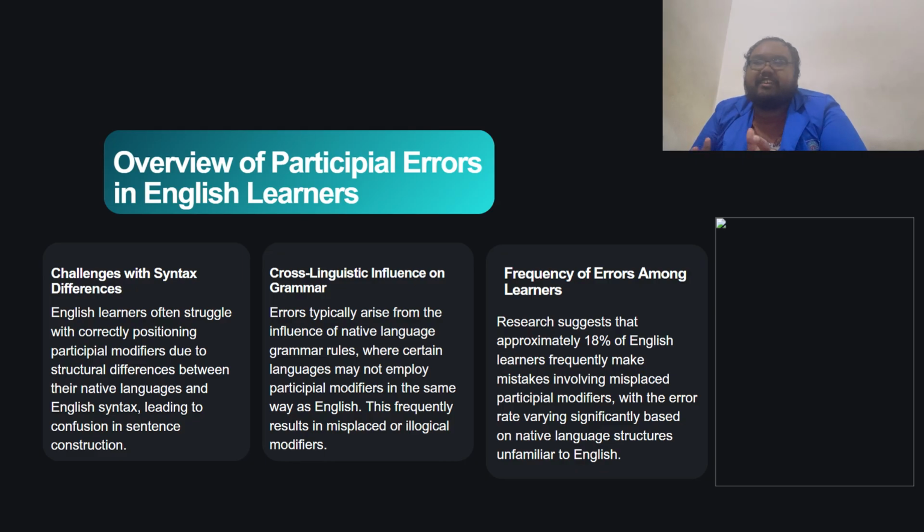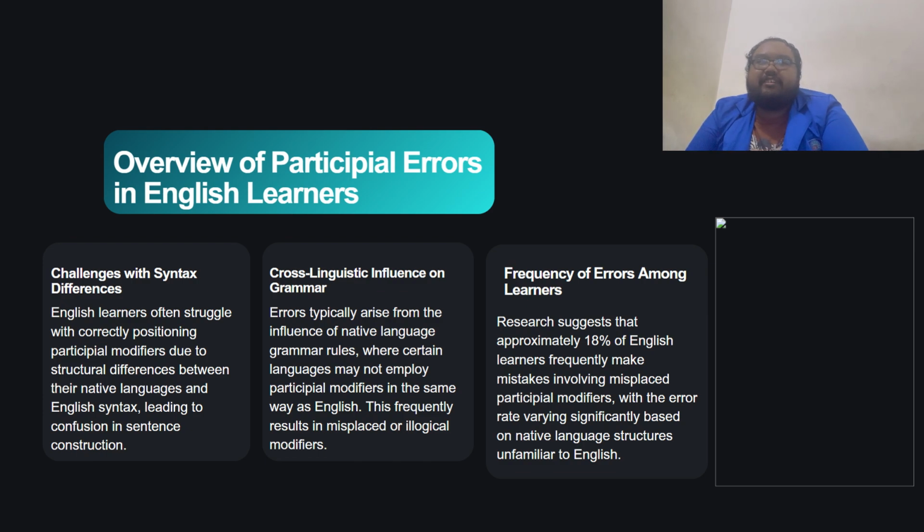Errors typically arise from the influence of native language grammar rules, where certain languages may not employ participial modifiers in the same way as English. This frequently results in misplaced or illogical modifiers.